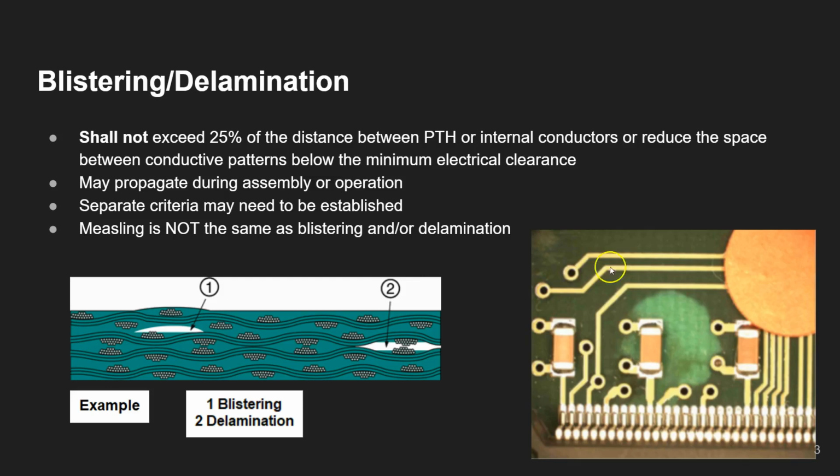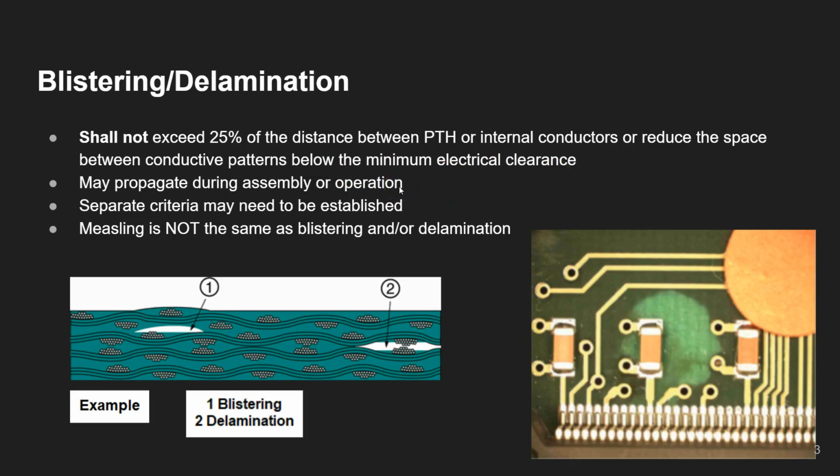So here you see some of the requirements given by IPC. For example, delamination or blistering shall not exceed 25% of the distance between the plated through hole or internal conductors, or reduce the space between the conductive patterns below the minimum electrical clearance.